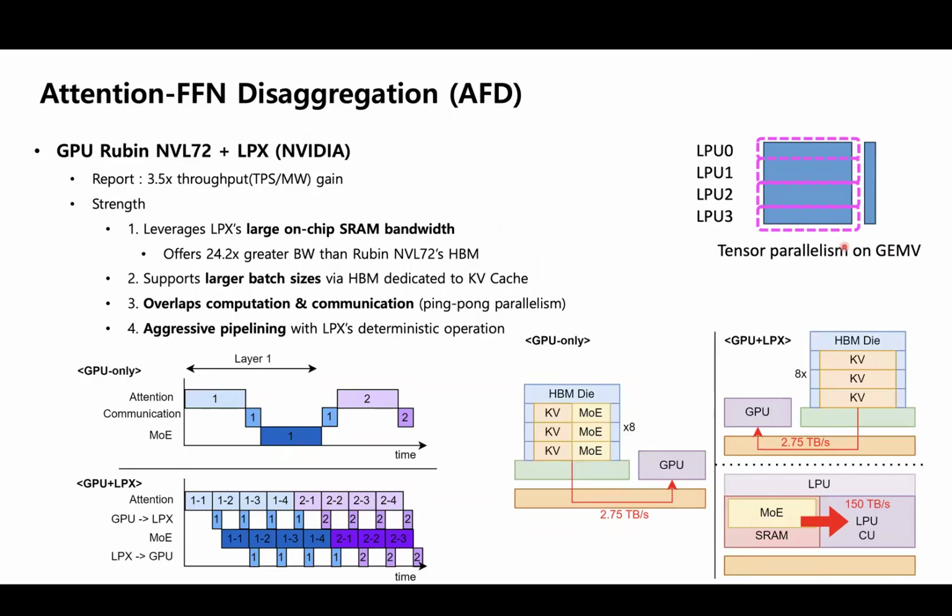As I draw here, we do matrix vector multiplication on the feed-forward network. By doing this part of the matrix vector multiplication on one LPU and that part on another LPU, in this example they can run 4 LPU chips to do one matrix vector multiplication in parallel.